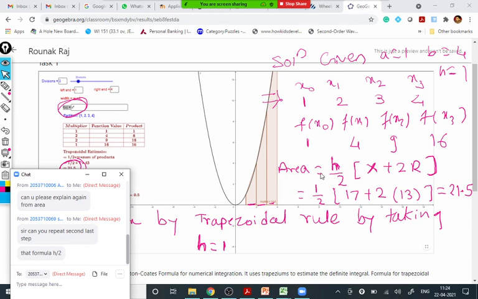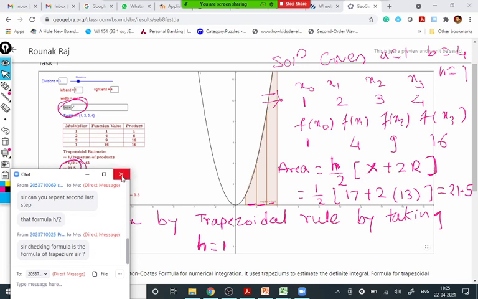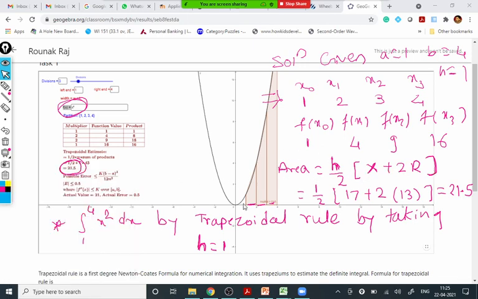This is the formula. First you have to create a table of x and f(x). Once you get that, this is the formula for the trapezoidal rule. Area by the trapezoidal rule is given by h by 2 into X plus 2R. What is X? X is the sum of extreme ordinates. What are extreme ordinates? That is f of a and f of b, that is f of x0 and f of x3.